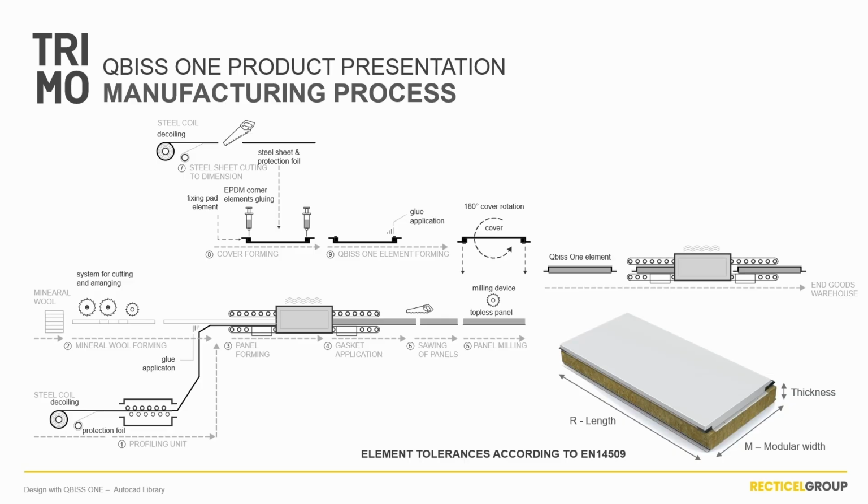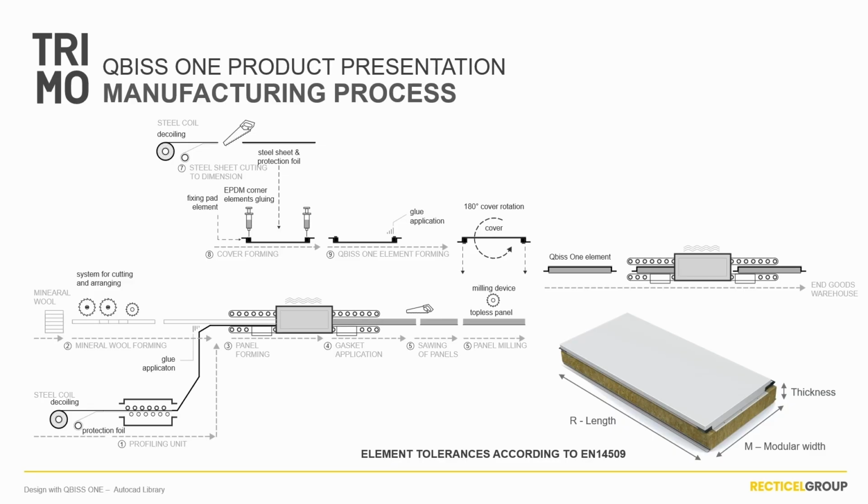Now, the dimensional tolerances of qbiss1 panels comply with the previously mentioned EN 14509 standard and are further refined according to the system's internal specifications. Strict tolerances ensure that panels fit perfectly during installation, eliminating any delays or costly adjustments on site.